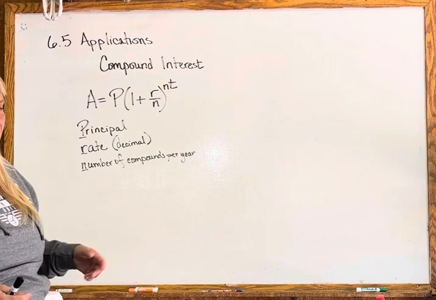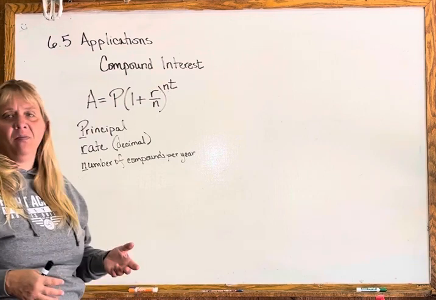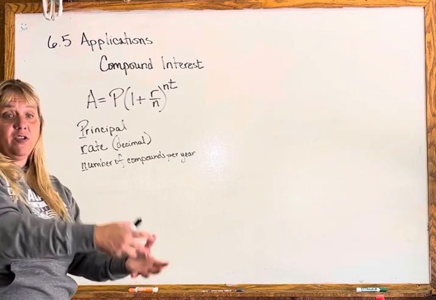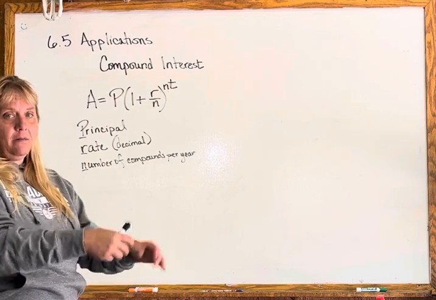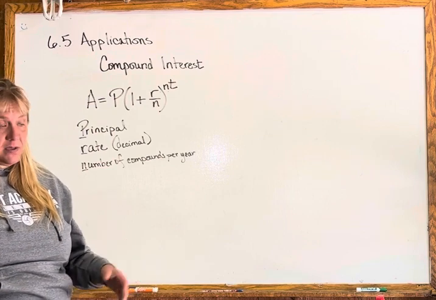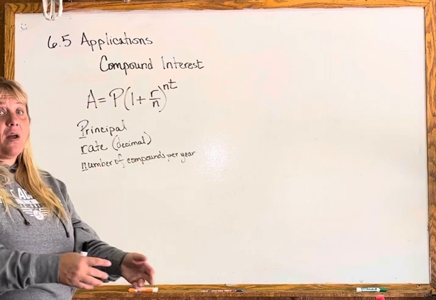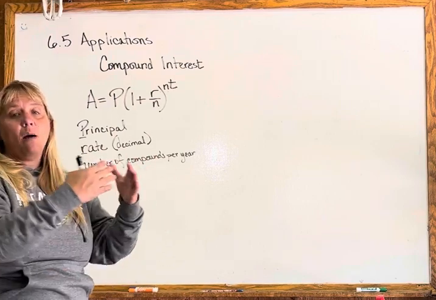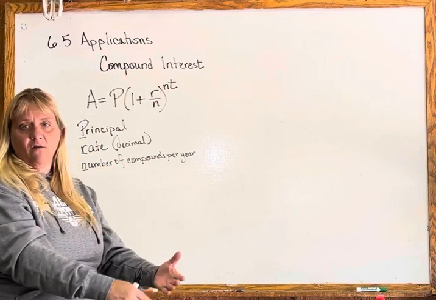And most savings accounts compound monthly, which means at the end of the month, the bank gives you an interest payment. Cha-ching! And I think my interest payment seriously is like 7 cents. It's really an embarrassment, okay? Then the next month comes along and I get another cha-ching. And so I get compounded 12 times a year, every month.